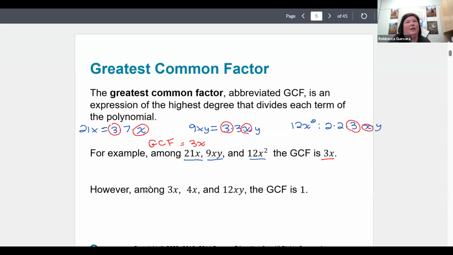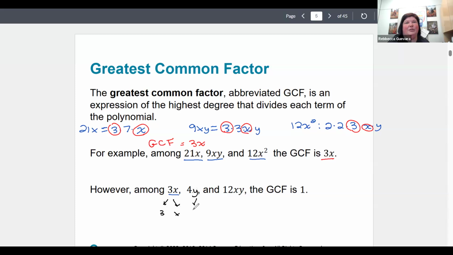However, let's say our terms are, oops, just a little typo on the slide. If we had 3x, 4y, and 12xy, this breaks down into 3 and an x.